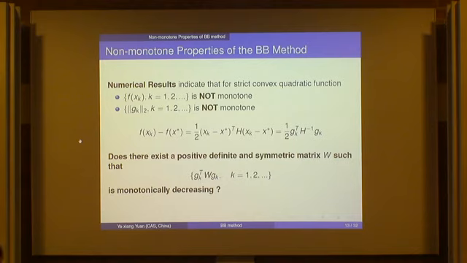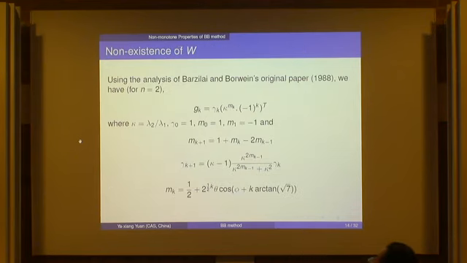So the first question we have to ask is whether it is possible, if we are clever enough to choose a very good W, to make the BB method monotone, so that we can prove convergence. Unfortunately, I will not go into detail, I will only give the conclusion.